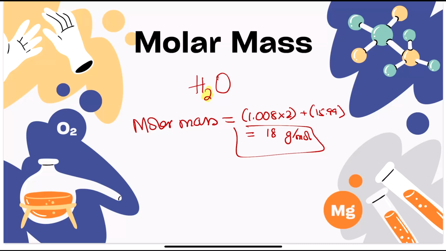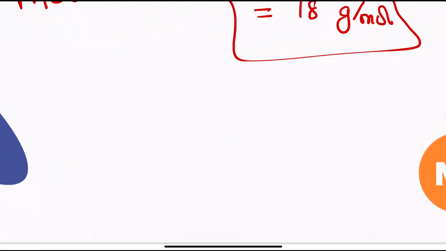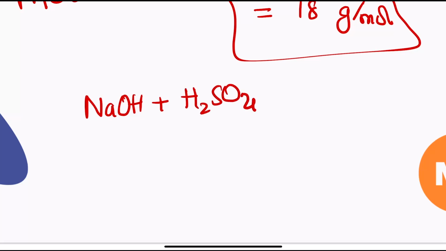Now, remember, when you have coefficients, let's say, for example, I have sodium hydroxide plus H2SO4 giving you sodium sulfate plus water, right?